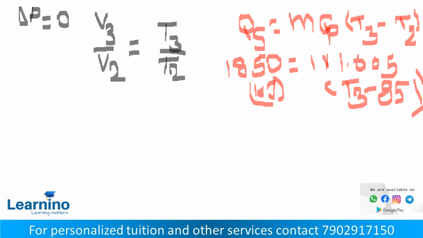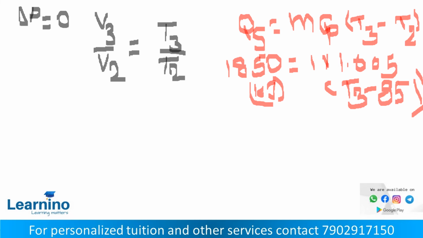On my calculator, 1850 divided by 1.005 is equal to 1840.79. This plus 851, since it is T3 minus 851.